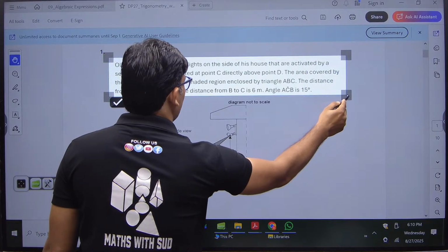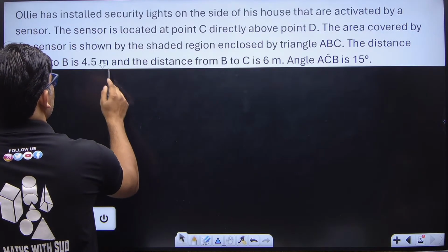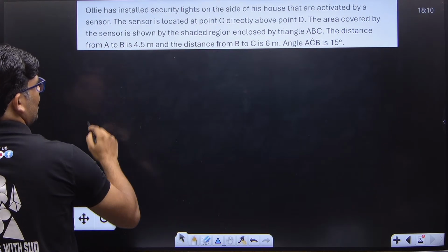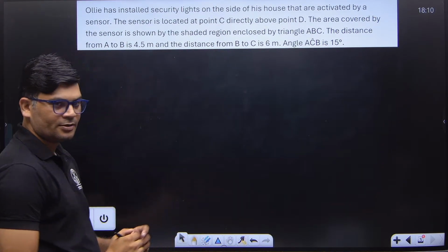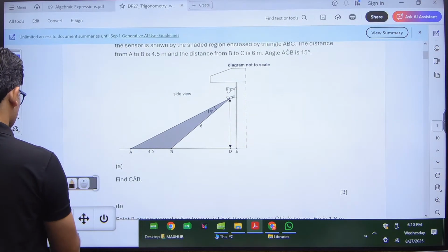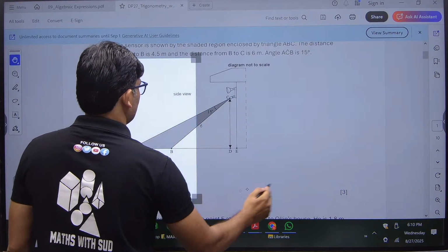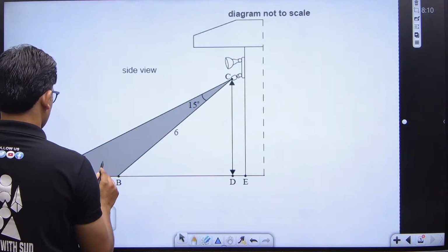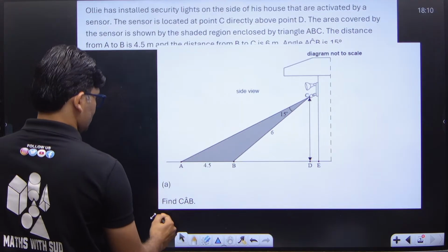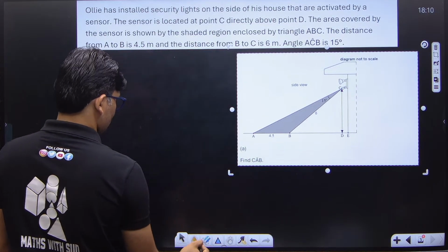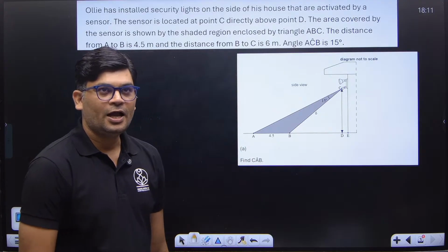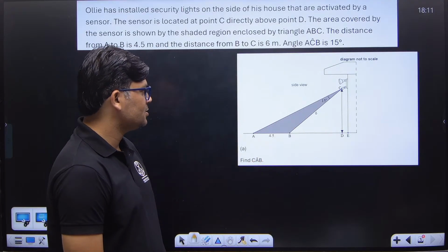Oli has installed security lights on the side of his house that are activated by a sensor. And the figure is also given to us. So these are the security lights and they work with the help of the sensors.